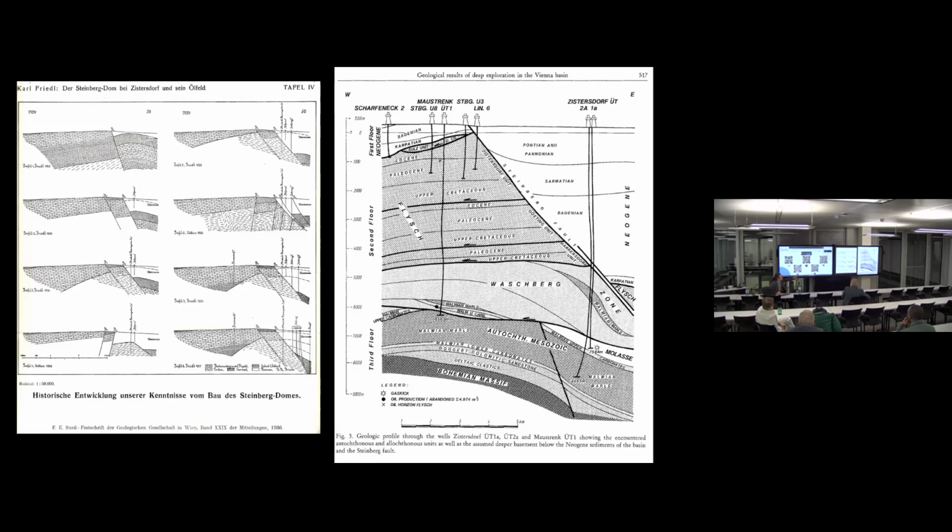But thanks to this record-setting drilling, which in economic categories was a failure, in scientific categories it was, of course, very interesting to go that deep and to understand the geological structure between the Alps and the Carpathian Mountains that well.